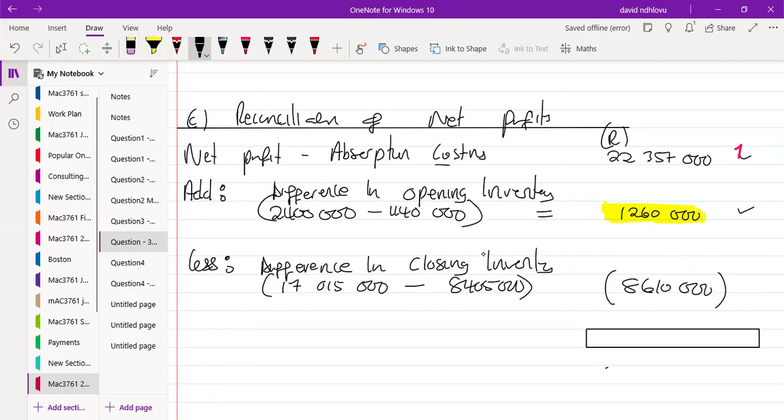So we are saying 22,357,000 plus 1,268,000 minus 8,610,000. We are going to get 15,007,000. So this is the net profit based on variable costing.